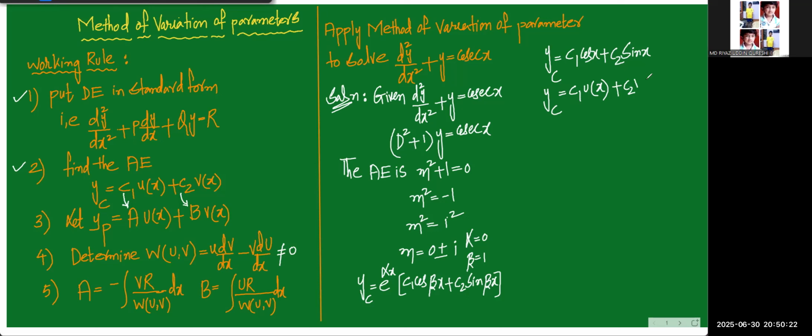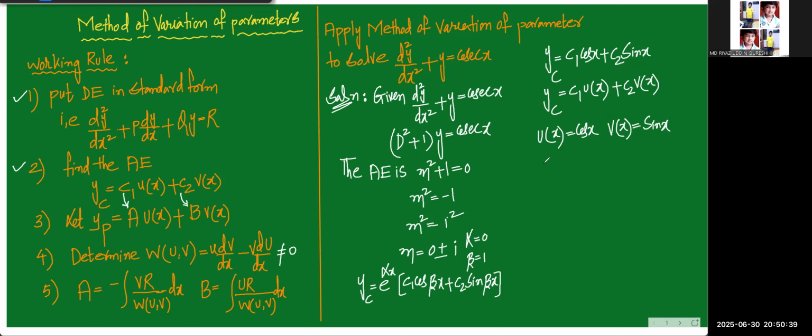It means clearly our u of x value is, can you tell me what is u of x? It's cos x. And what is v of x? That is sin x.